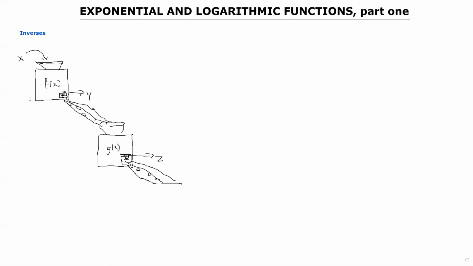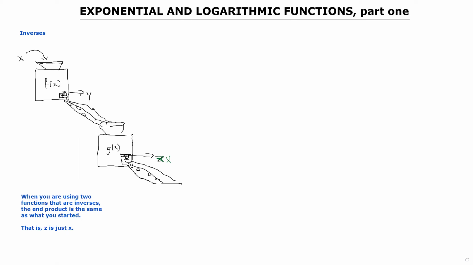The deal is when you are using two functions that are inverses, the end product is the same as what you started, which is to say that z is just x. So this is now just x.